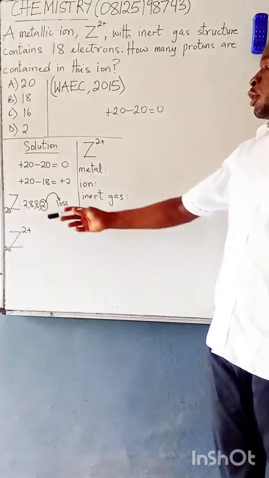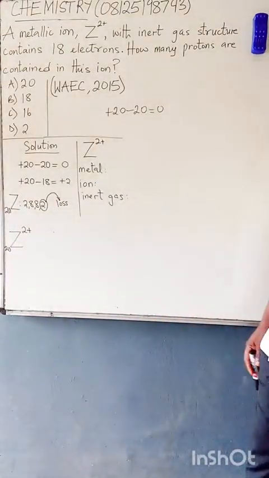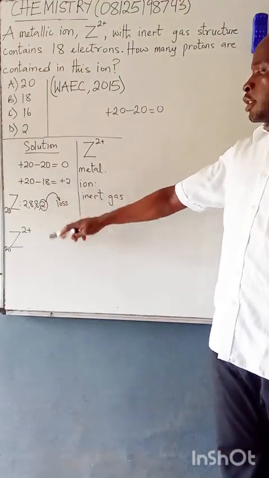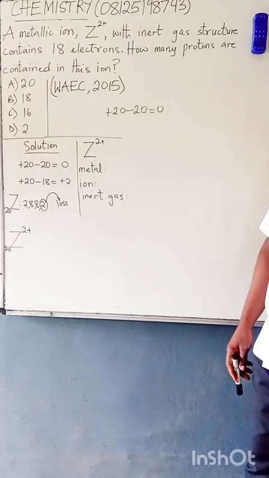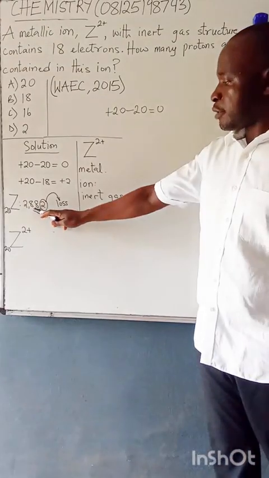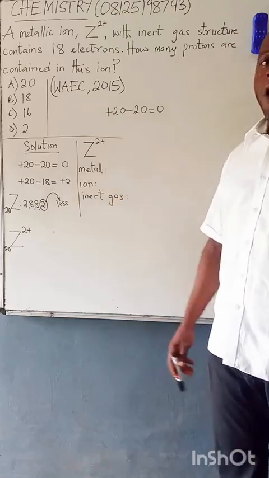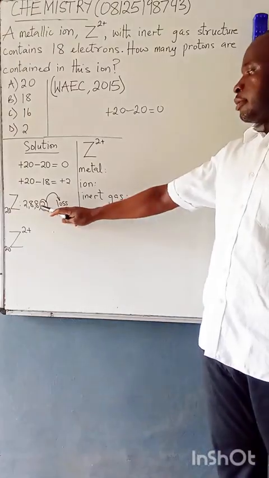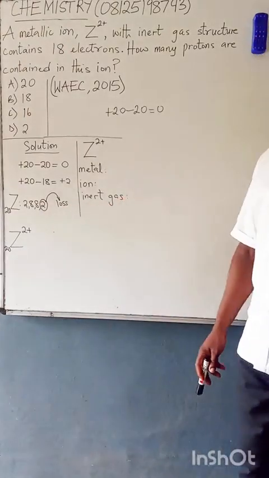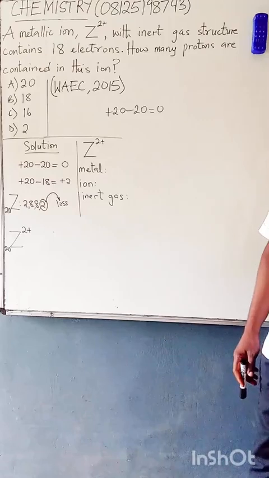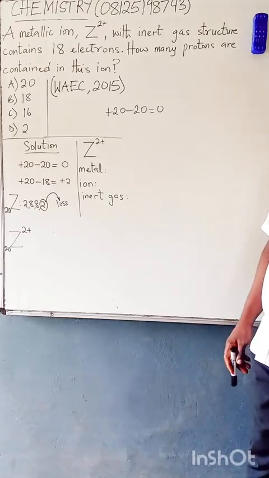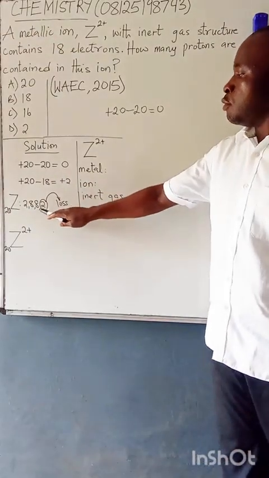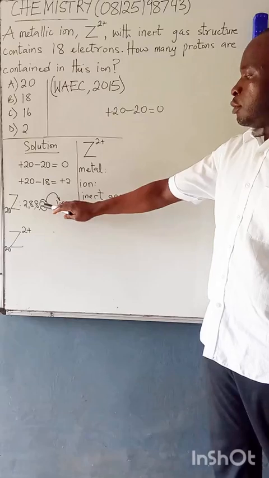When this element combines with another element during chemical bonding, is it going to lose these 2 electrons so that it will now have 8 electrons in the outermost shell? Or will it gain more electrons into this shell to complete its 8, which is the stable electron configuration? It will be easier for this element to lose electrons.